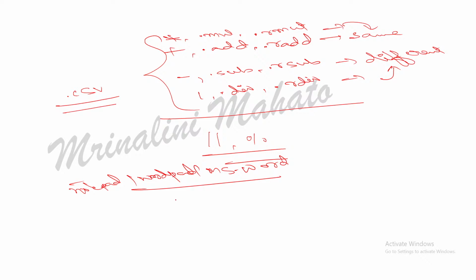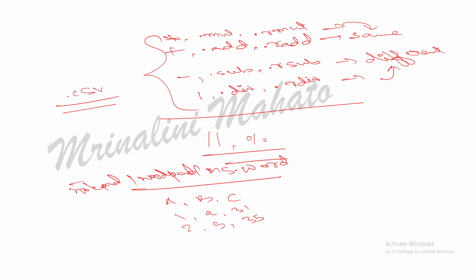No need to create a table. So A comma B comma C, like this. Press the enter key, then write the values. Suppose 1 A 31, 2 B 35, like this.